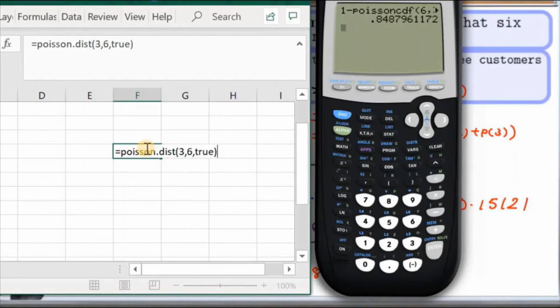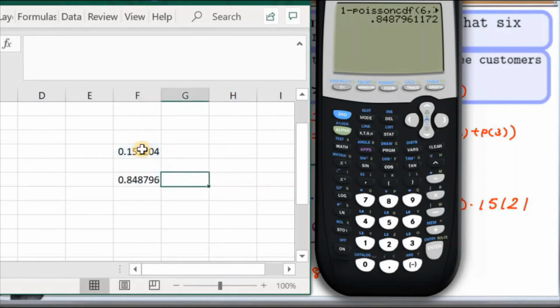Since we are looking at the cumulative probability up to 3, we are using true. Now close your parentheses, then hit enter. So to find the probability, what you need to do is subtract this probability from 1. So we can do that. Now go up there and select the cell, then hit enter. So this is exactly what we got using formula and also calculator.